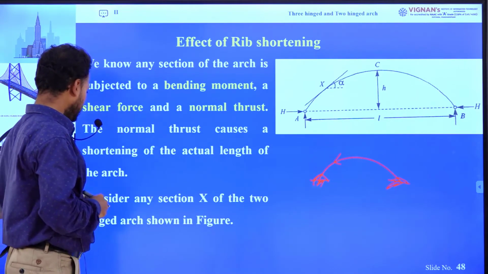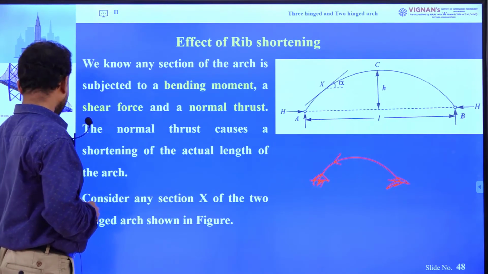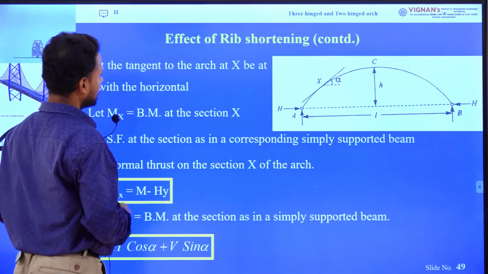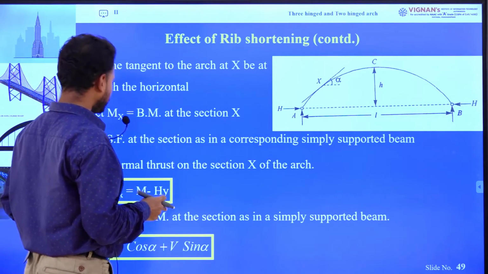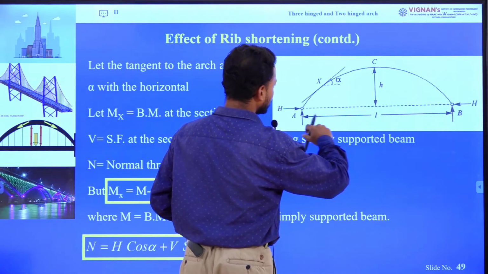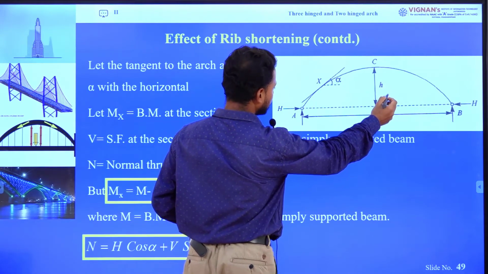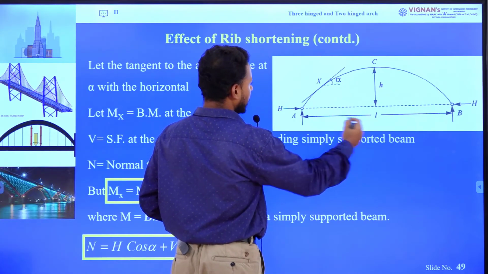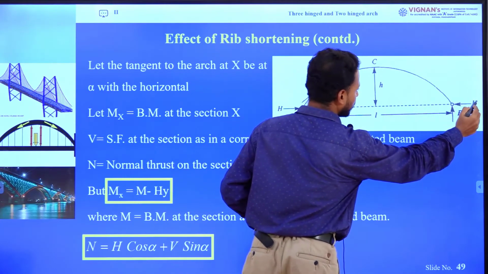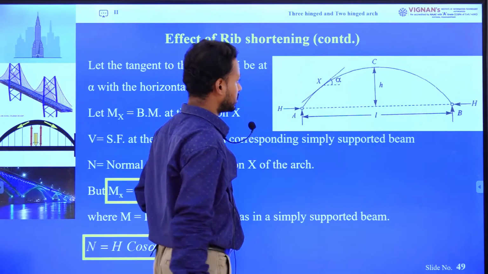Consider any section X of the two hinged arch shown in the figure. If you see the figure, it will have VA and VB, two reaction forces, and h is the rise of the arch, L is the span of the arch, HA and HB also acting at the supports as horizontal thrust.